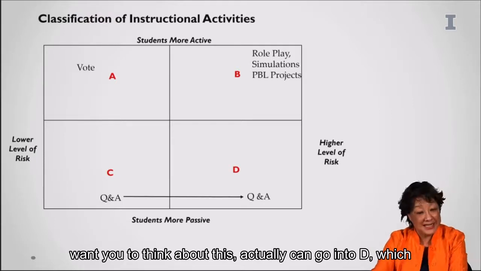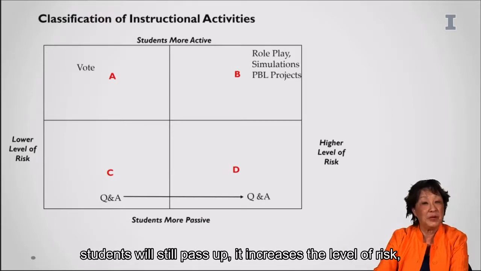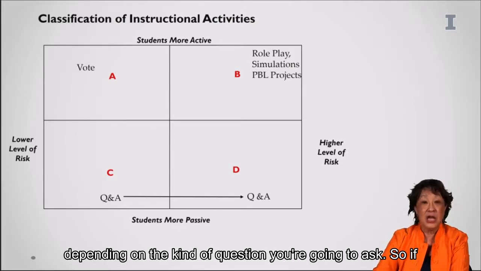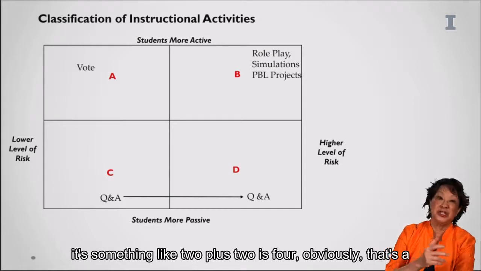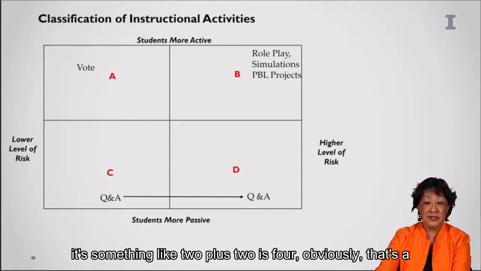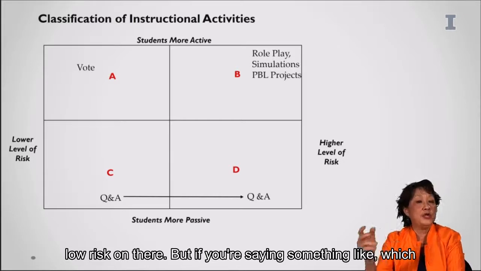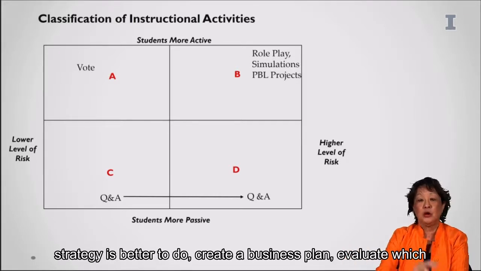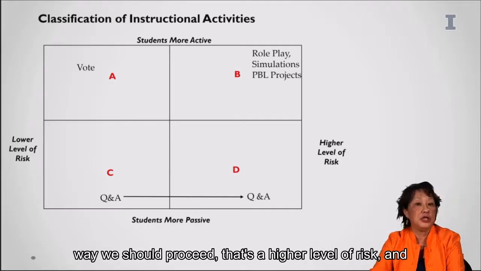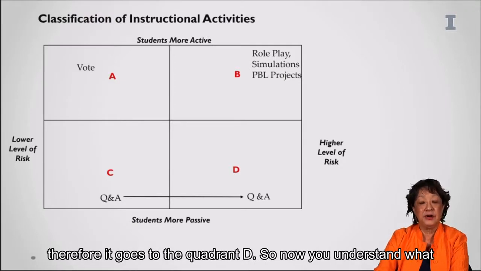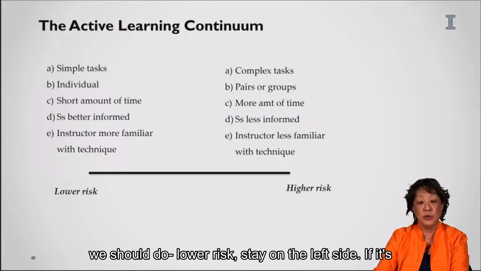Actually it can go into D, where students are still passive, but it increases the level of risk depending on the kind of question you're going to ask. If it's something like 2 + 2 is 4, obviously that's low risk. But if you're asking which strategy is better to do, create a business plan, evaluate which way we should proceed, that's a higher level of risk, and therefore it goes in quadrant D. So now you understand what we should do.